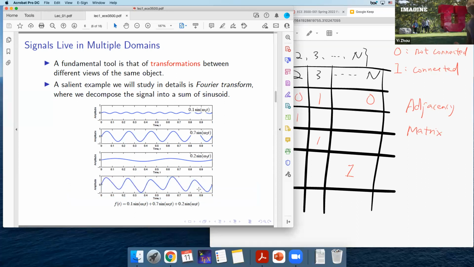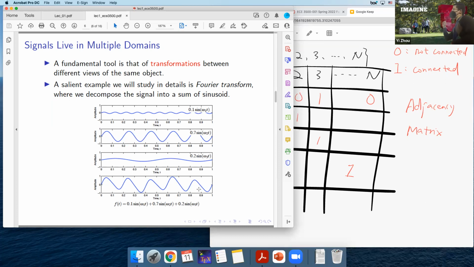So looking at the signal time by time may be very complicated. But at the same time, you can see some periodic structures in this signal. That's why we will introduce the Fourier transform to describe this signal in a more efficient way.